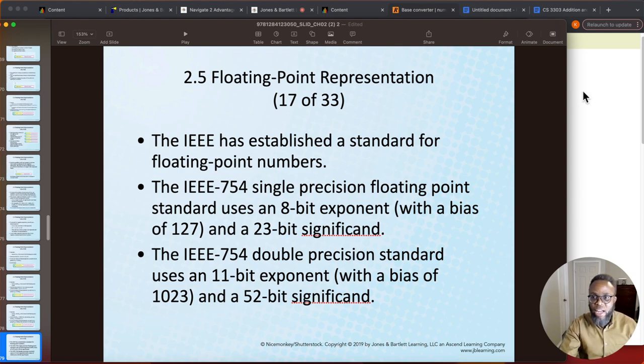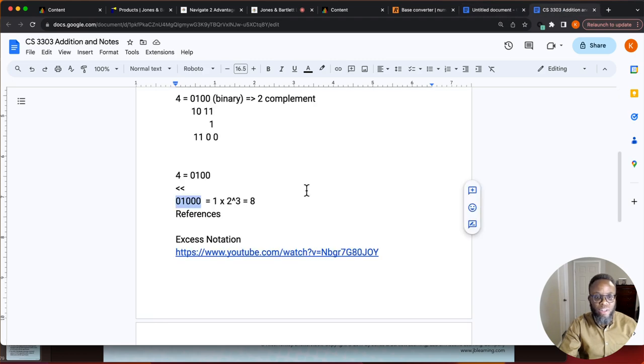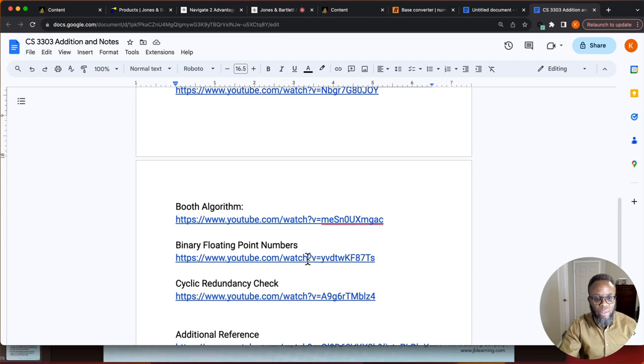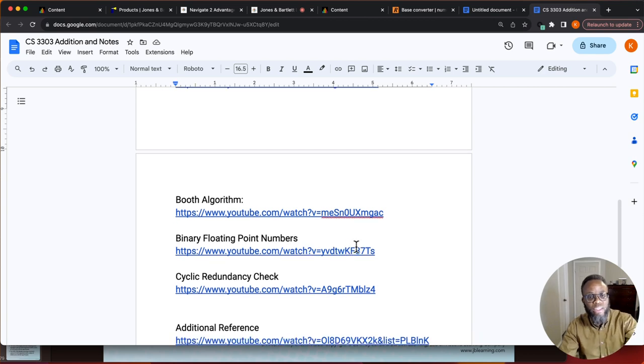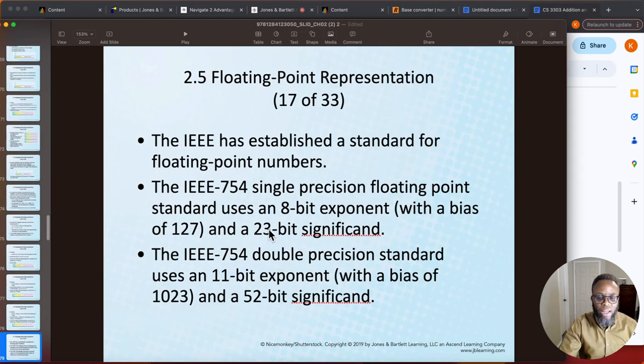I have prepared a YouTube video, one of these links here, I think it's floating point numbers or excess notation. So read through that and you'll understand the concept of bias, because you just want a range through which the exponent is expressed.